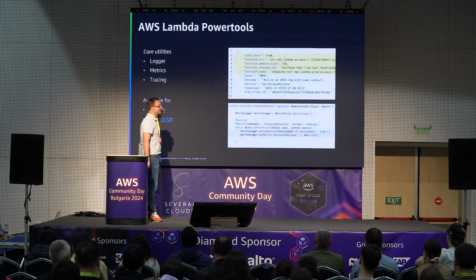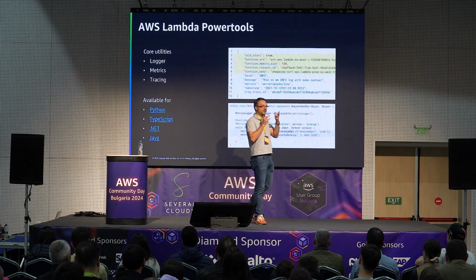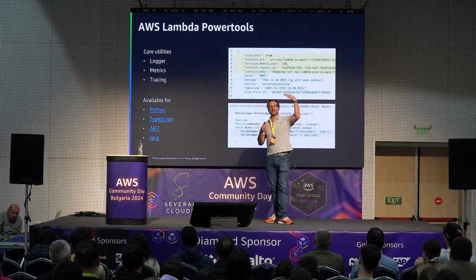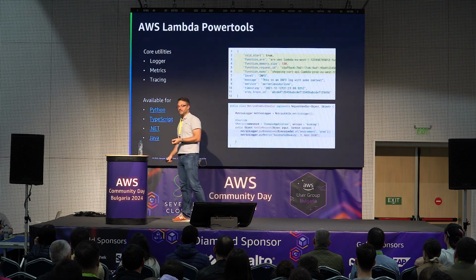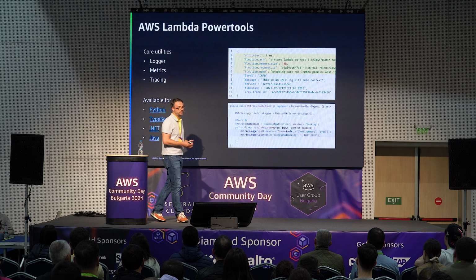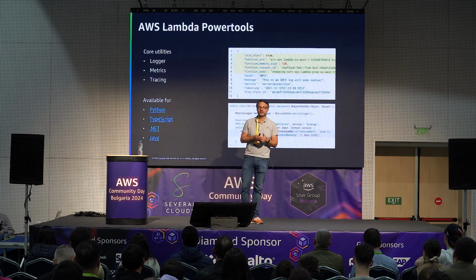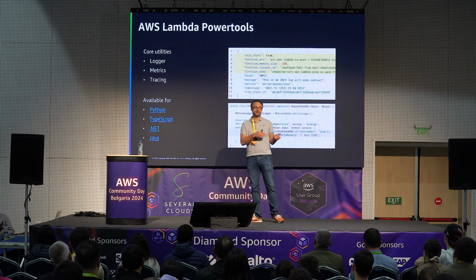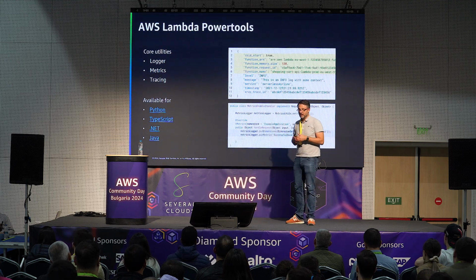But another question would be, EMF is quite tricky to produce, so you need to read a lot of documentation and understand how to create this EMF format. Here's a great library to help you, which is called Lambda Powertools. It's an open source project created by AWS and supported by some folks inside our teams.